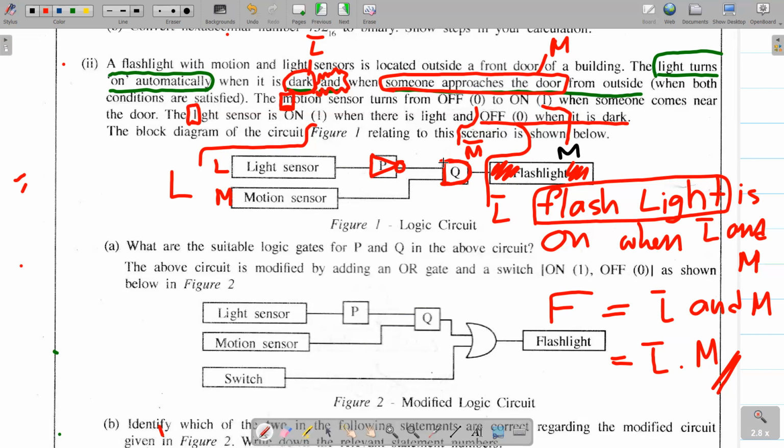So P is going to be a NOT gate, Q is going to be an AND gate. Are we clear about this, people? Okay, right. Then if you got that, you are going to have 1 mark for that particular thing.